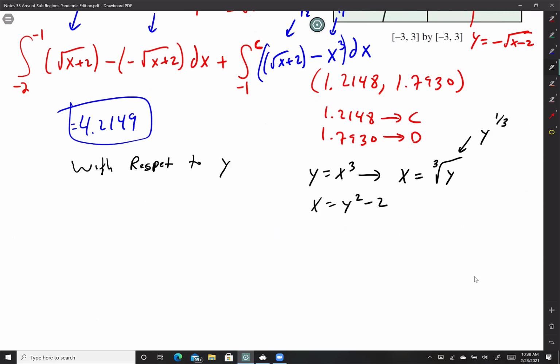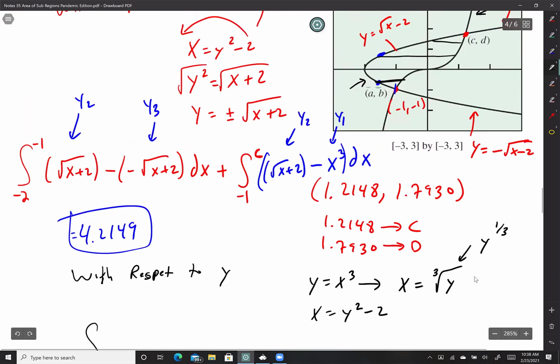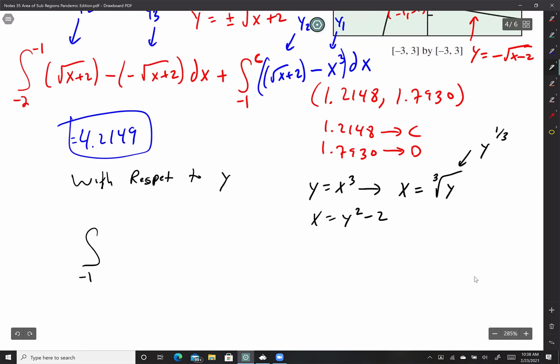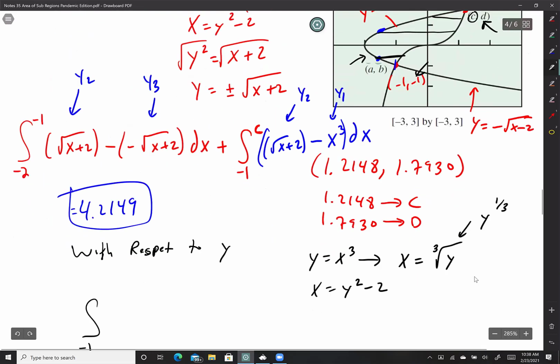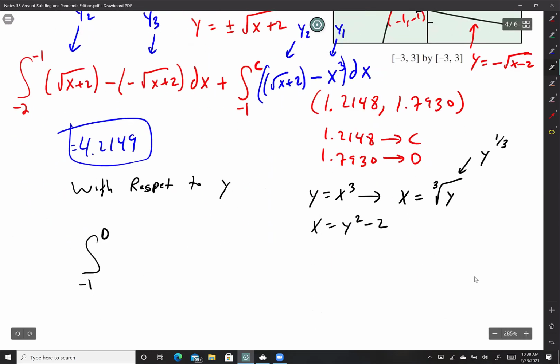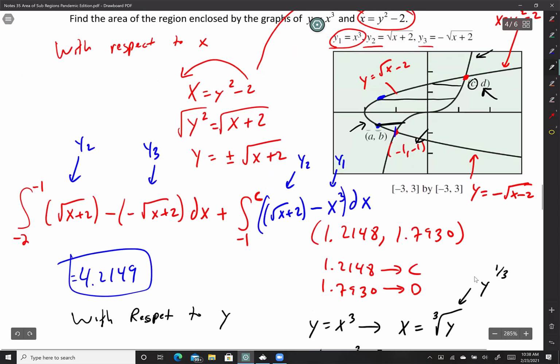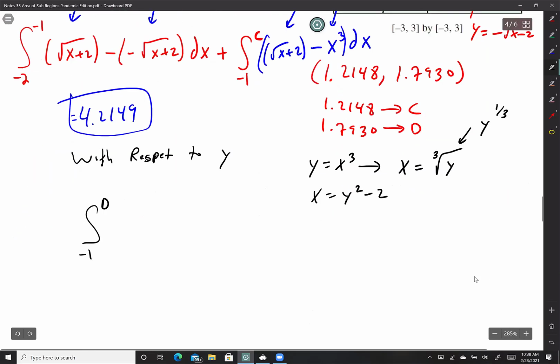So here we go. We're ready now, guys. Integral from, again, the y value there is -1. The up value, we're not using letter C, we're using what letter? D. Hopefully you already have it stored in your calculator. And then the very first curve, that's the x cubed curve. So I'm going to write it as the cube root of y.